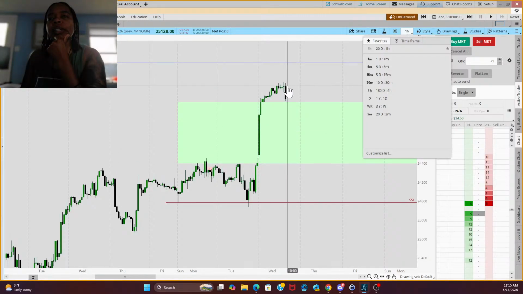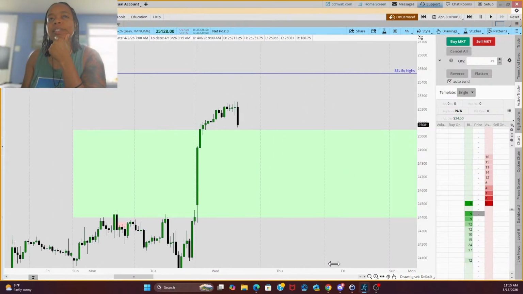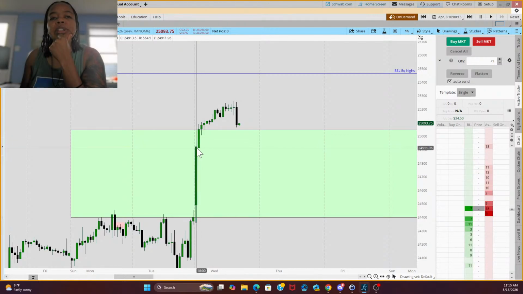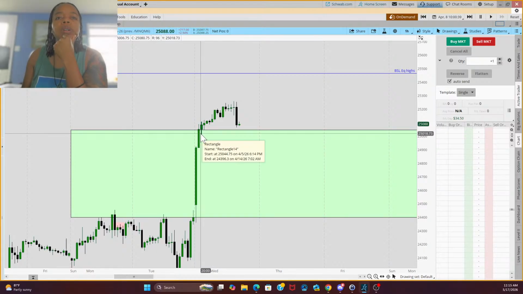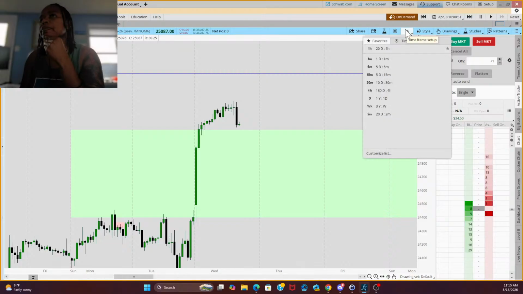Oh my goodness. This is one of those situations where I feel somewhat bad for London still, because they took out London lows at midnight. I mean, let's be honest, dipping into what looks like Asia lows would be right around there.